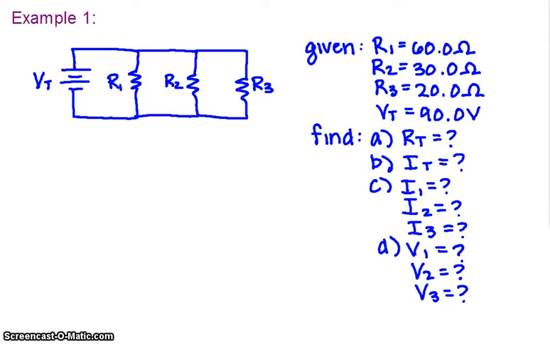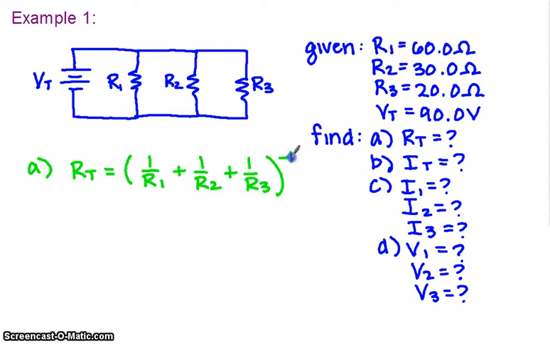So the first thing we need to do is find the total resistance, and since this is a parallel circuit, we can do that by using the equation 1 over R1 plus 1 over R2 plus 1 over R3, and then finding the inverse of that value.